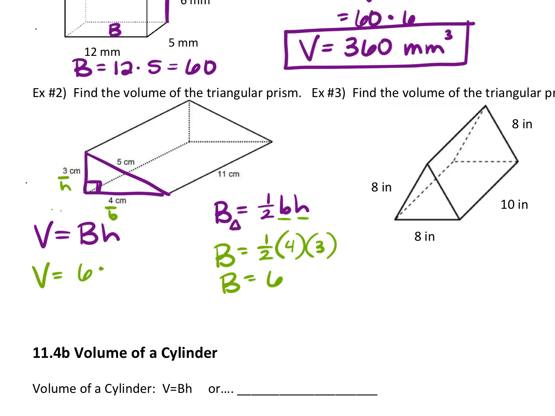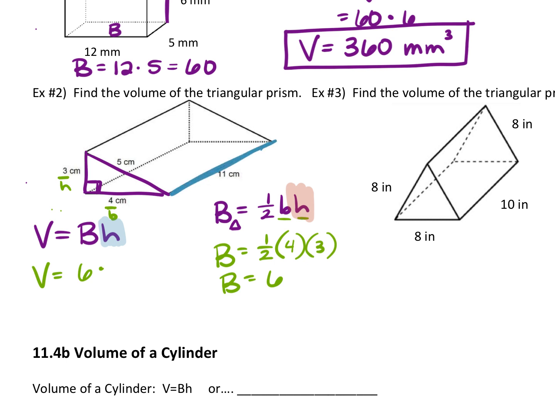What is this H? Because this H is different than this H, right? That second H, let me change colors here. The red H is the height of the base. The blue H is the height of what? The height of the figure, right? The distance between our bases. So what is that blue H?